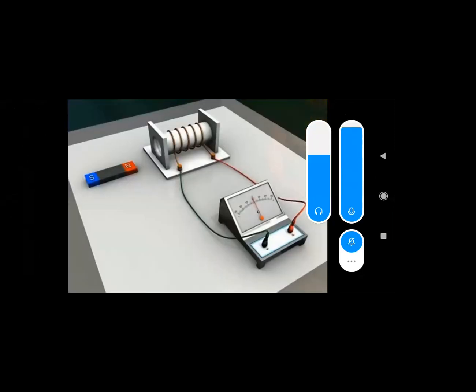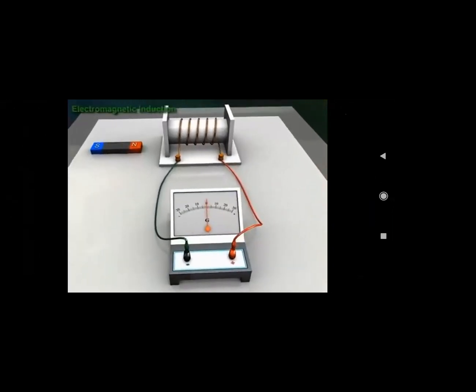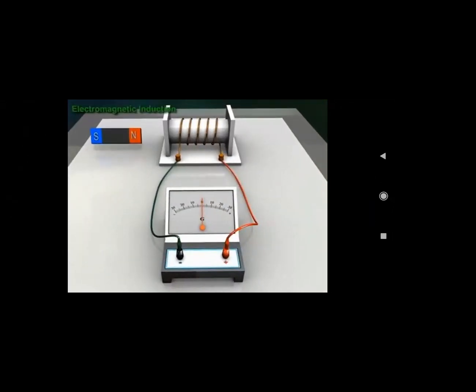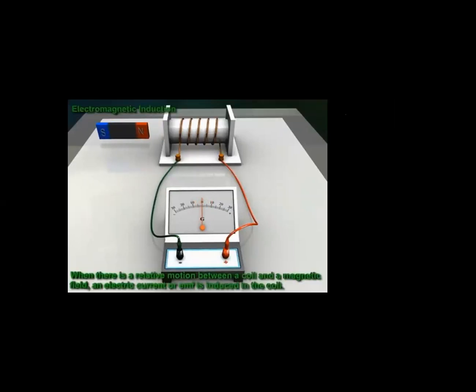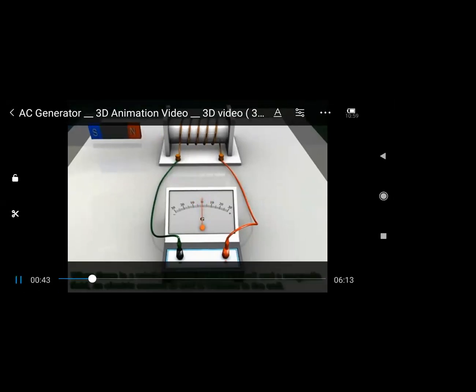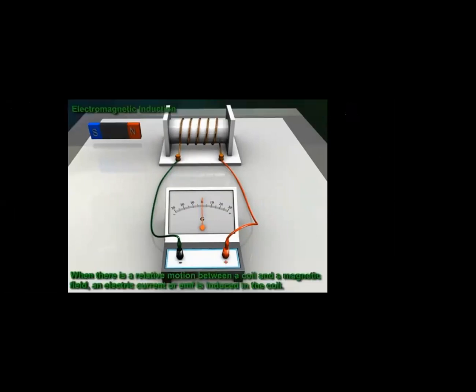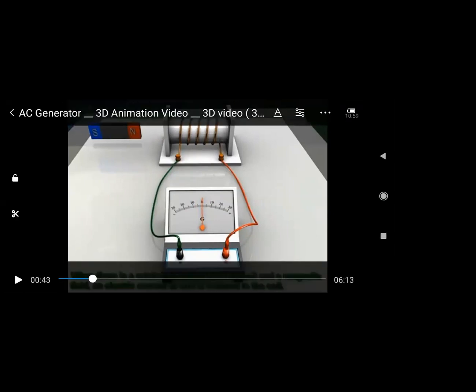Maybe it's a connectivity problem. Anyway, I have attached this. Children, I have sent this file to both of the sections. If it is not very clear, you can watch it later also. Shall I continue? Okay, ma'am.